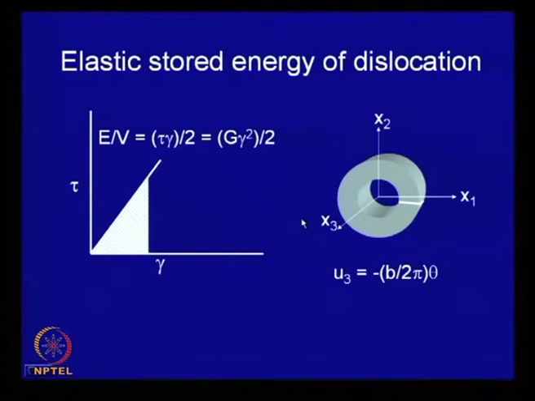Now, to understand the interaction of a dislocation with a point defect, or a dislocation with a solute atom, it is necessary to know about the nature of the stress field which is generated when there is a dislocation in the crystal.